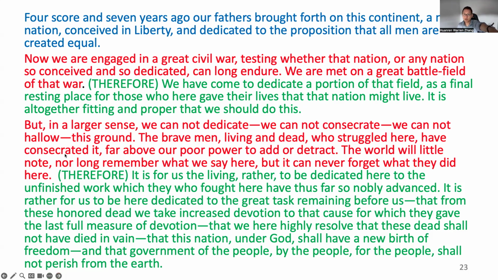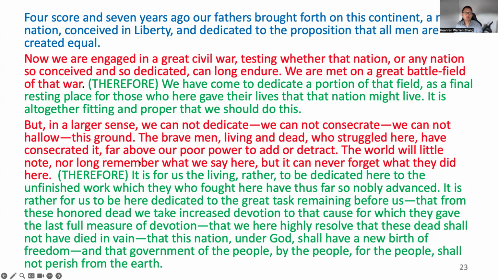And here is another problem. But in a larger sense, we cannot dedicate, we cannot consecrate, we cannot hallow this ground. The brave men, living and dead, who struggled here have consecrated it far above our poor power to add or detract.